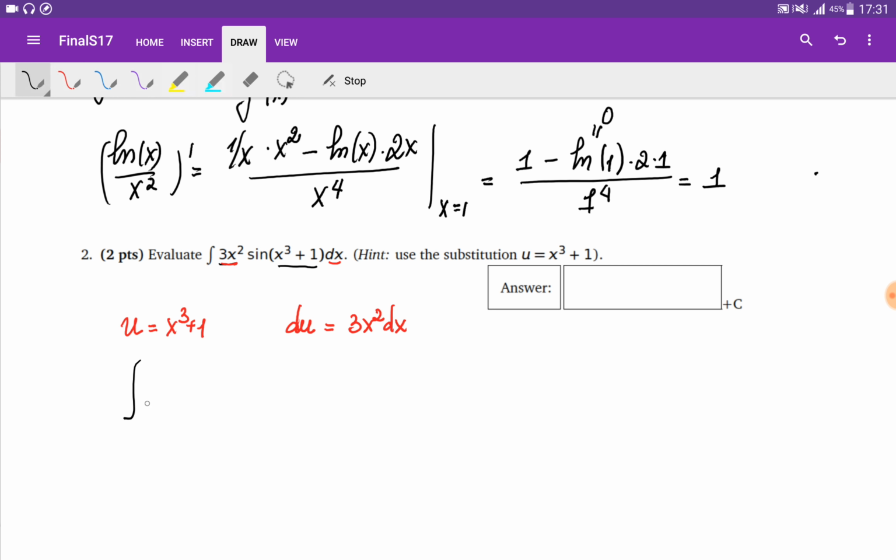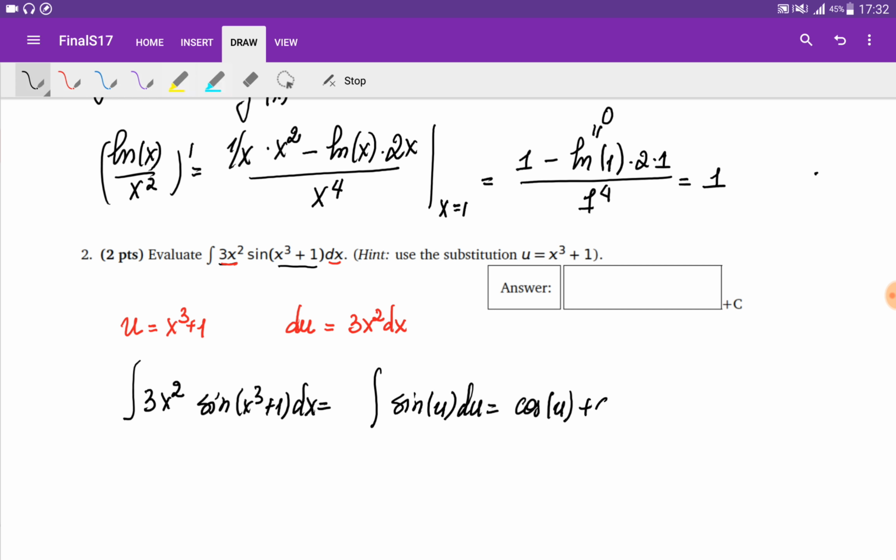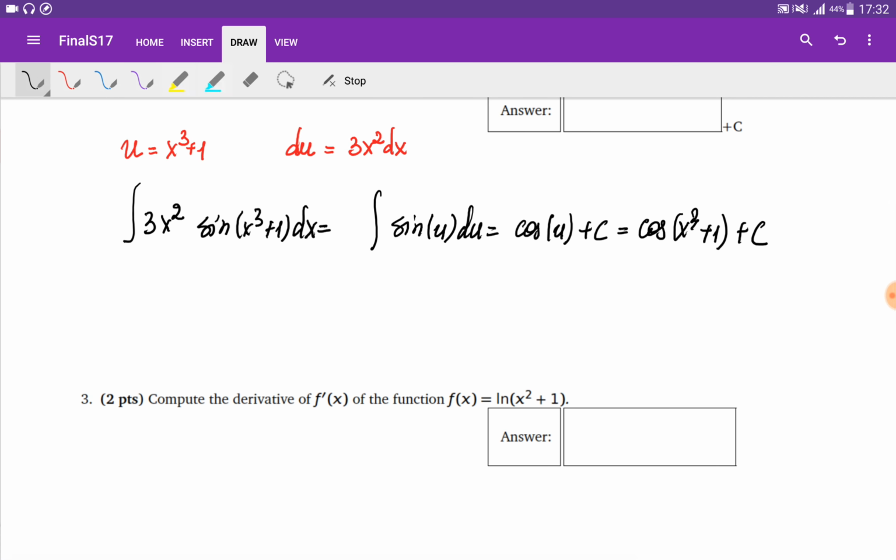So this integral of 3x squared sine of x cubed plus 1 dx is written as the integral of sine of u du, which is simply cosine of u plus some constant c. If you want, you can write this in the form of cosine of x cubed plus 1 plus the constant if you want to resubstitute back the function of x.